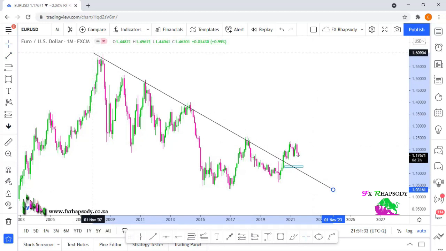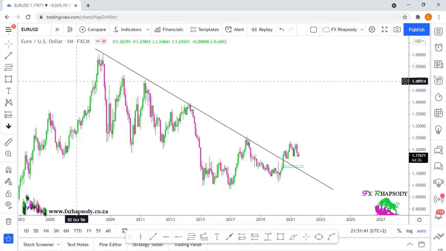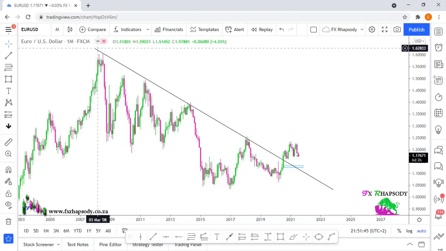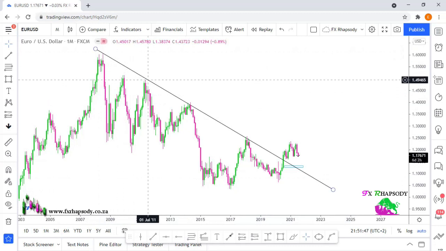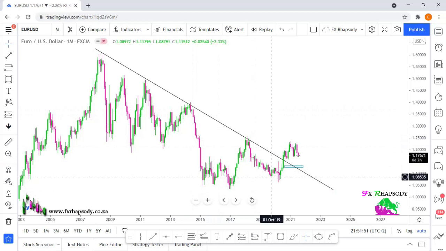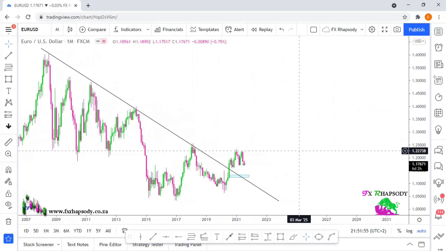Now, nice trend line. You can see since 2008, price has been respecting, tapping this trend line, going up, going down. Eventually, it broke this trend line.